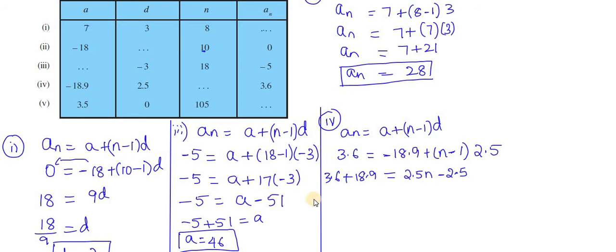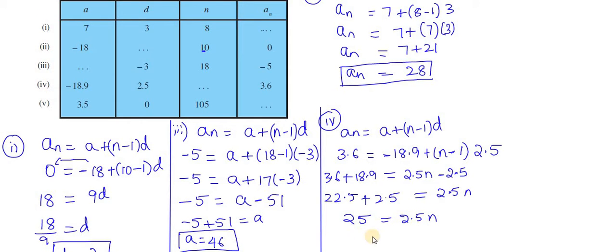You'll get 22.5, and also bring this 2.5 to LHS, so it becomes 22.5 plus 2.5, which is equal to 2.5 N. Okay, so 22.5 and 2.5, it is nothing but 25, which is equal to 2.5 N.